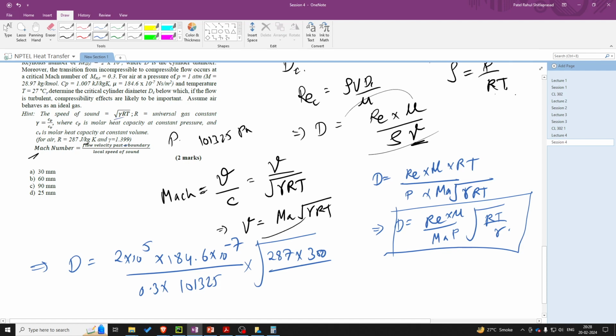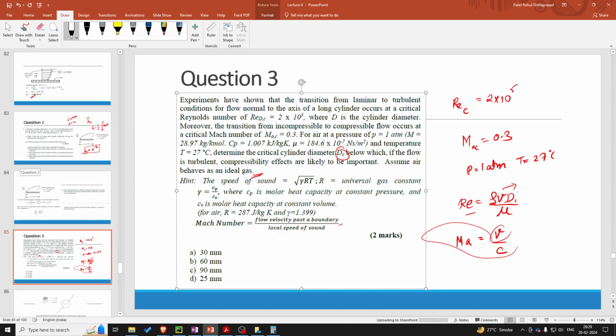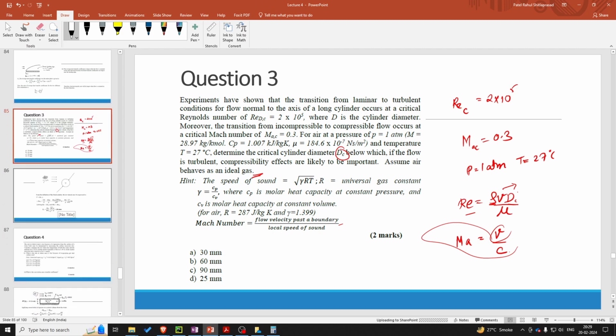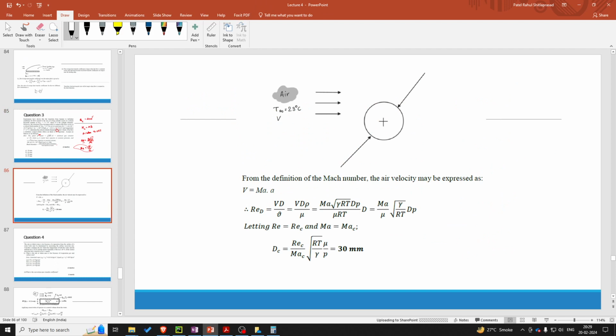So gamma is 1.399. Try simplifying and calculating this, and the value of diameter will come around 30 mm. That is, option A is the correct one over here. This is the correct answer, 30 mm.